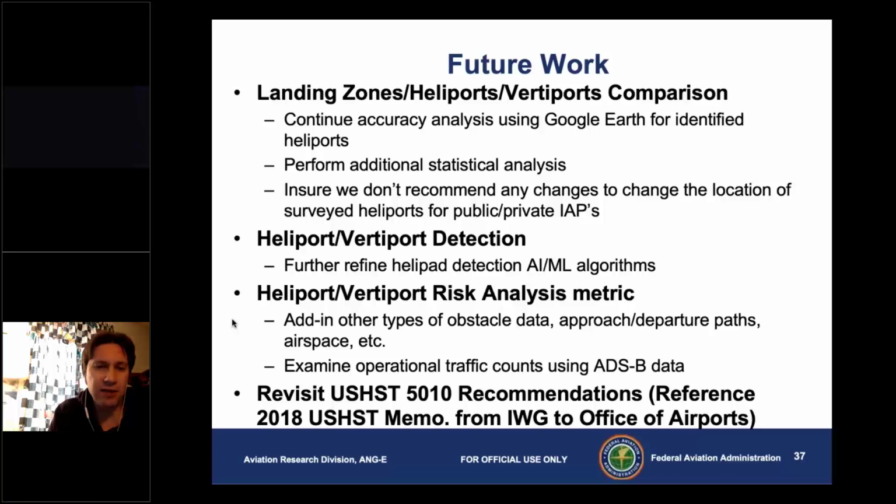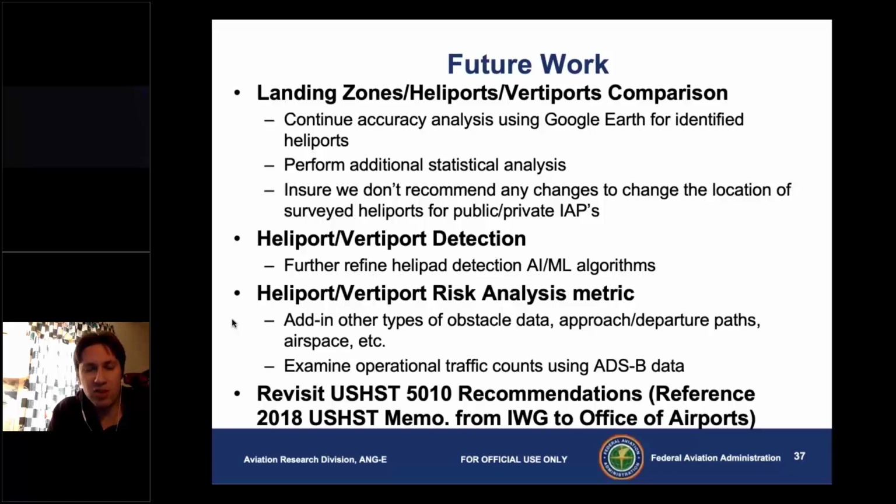And then again, I mentioned it several times in this discussion, but I think it bears repeating: in 2018, the USHST sent a memo from this working group, on behalf of the USHST, to the Office of Airports, and I know there have been conversations about that, and I know some of those recommendations are being implemented as we speak.